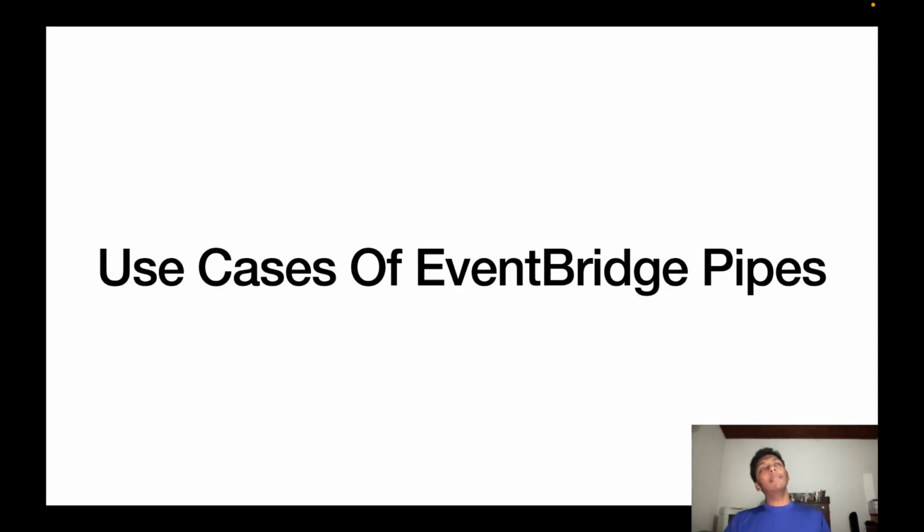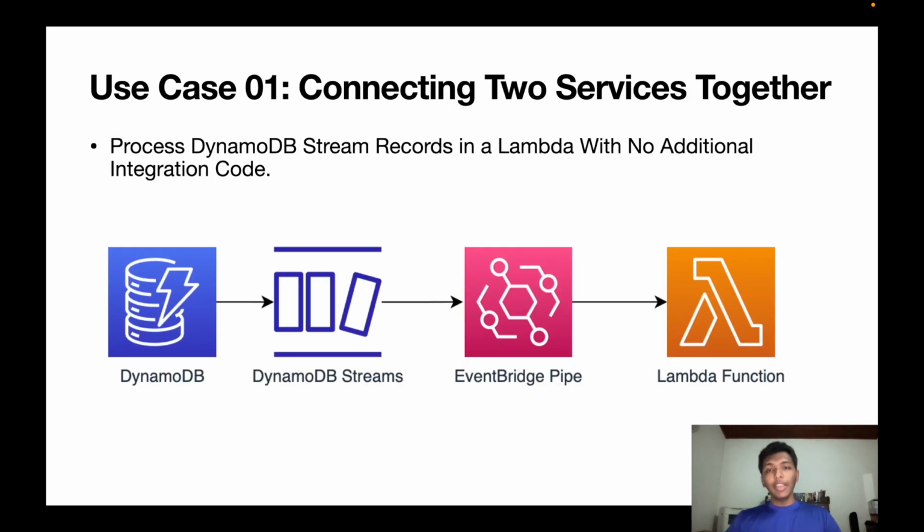So with a basic understanding of EventBridge pipes, it's now quite important to understand when you should use these pipes. First of all, if you want to just connect two services together with little to no additional code. The best case is if you want to connect a DynamoDB stream to a Lambda function, or have an SQS queue that pulls data from a Lambda function.